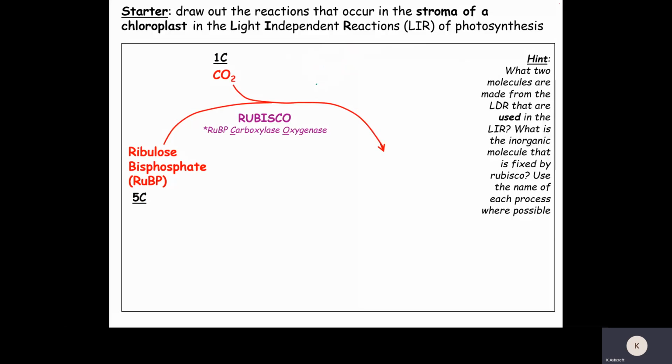Now that does actually form a 6-carbon compound, but that's very unstable, and that splits into 2 molecules of glycerate 3-phosphate. So the end product of CO2 fixation, step number 1, is 2 molecules of glycerate 3-phosphate, and you can shorten that to GP. So for every 1 molecule of RuBP, you will have 2 molecules of GP, so double the concentration.